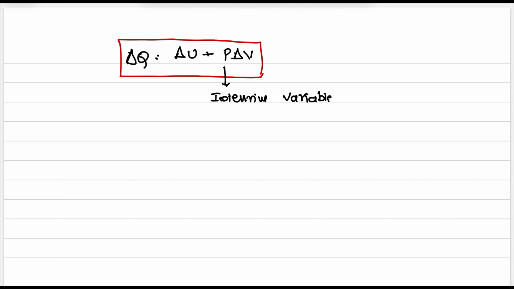Some pressure is applied, means 1 bar pressure, 2 bar pressure, 3 bar pressure, 100 kPa, 200 kPa pressure is applied, that pressure doesn't depend upon the size of the system. And along with pressure, the other properties which do not depend upon the size of the system are temperature, also an example of an intensive property, and density.